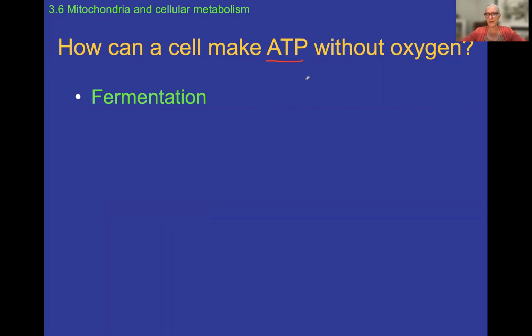An example is the process called fermentation, which can also be referred to as anaerobic respiration. Anaerobic tells you it's without, aerobic referring to the availability of oxygen. So when there is not enough oxygen available, we use the process called fermentation, or anaerobic respiration.